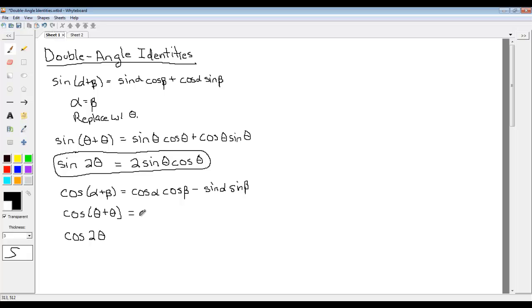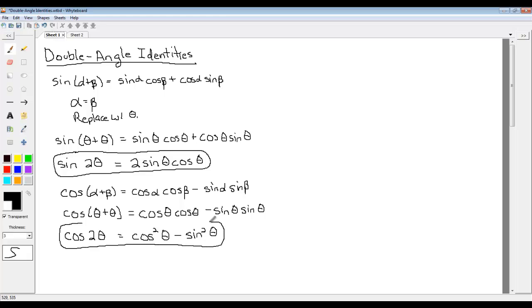We're going to have cosine theta cosine theta minus sine theta sine theta. So that's the same thing as cosine squared theta minus sine squared theta. Ooh, there's another one of our double angle identities.